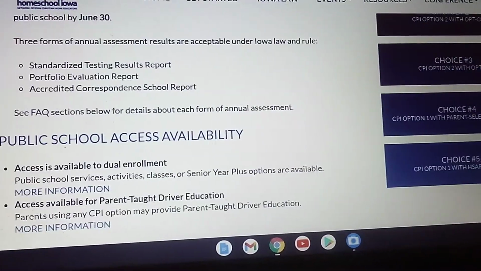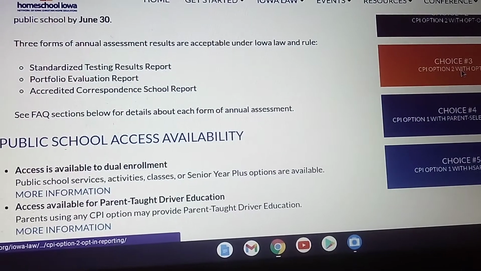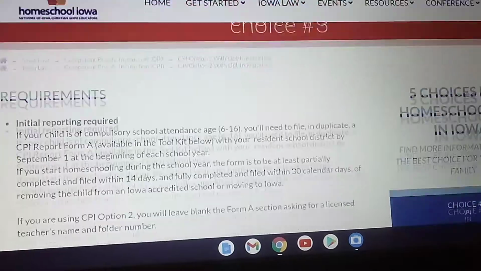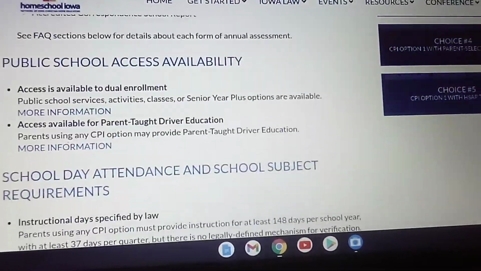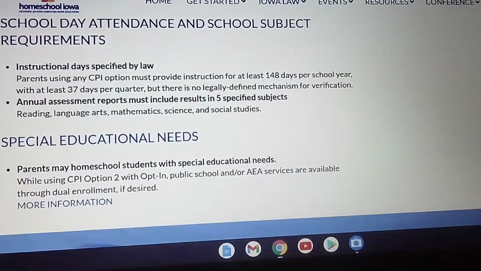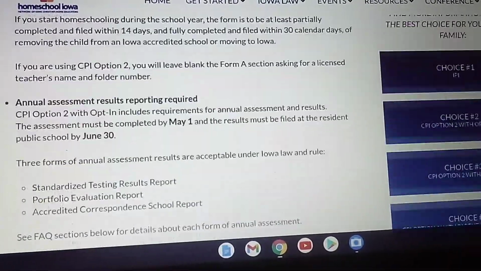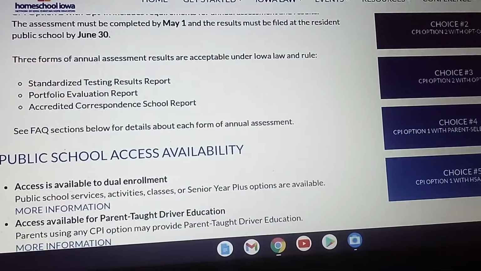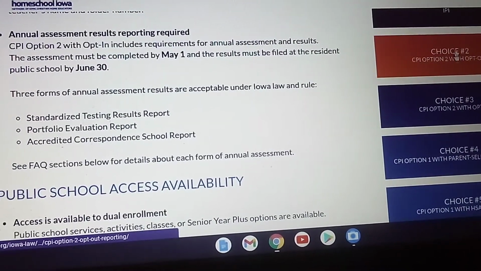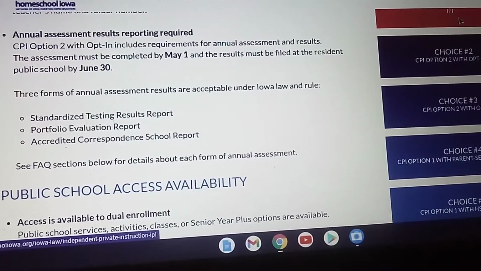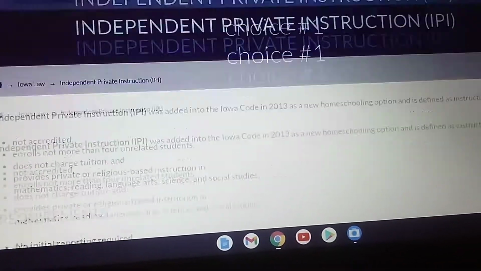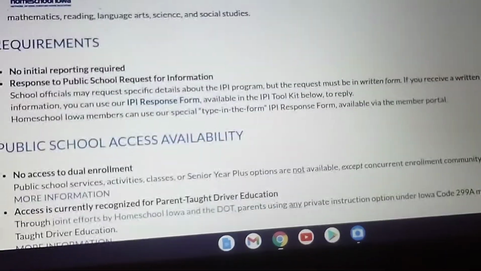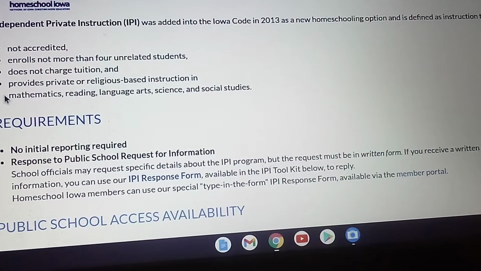So let's go and see what 3 does. Sorry about this. Let's see. It doesn't say. So let's go into 1. I don't know. Okay, there it is.